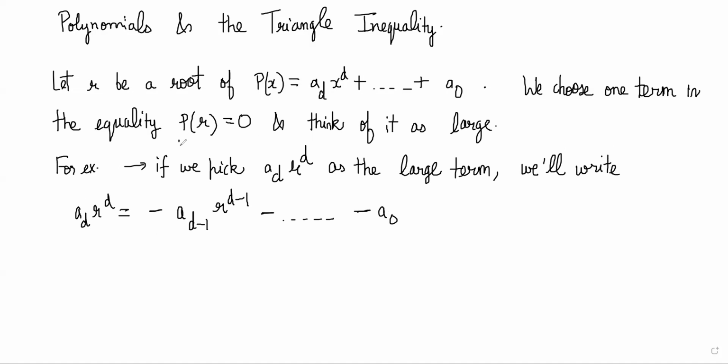So basically we have used p of r is equal to 0 and we are picking one term. We are thinking that maybe this is the large term. We are keeping it on one side and writing the other terms on the other side.